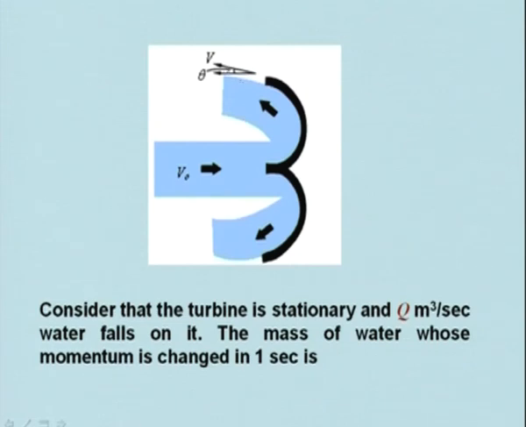The velocity remains unchanged, but it gets deflected at angle theta, and here also it gets deflected by theta, that type of thing. So, then in that case, this will be like this.